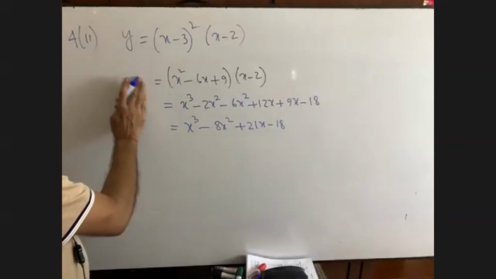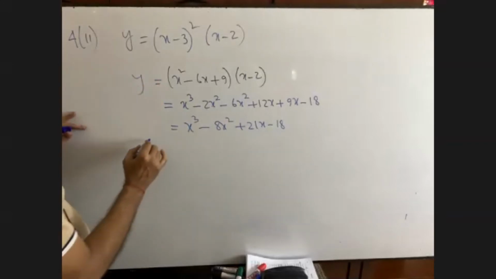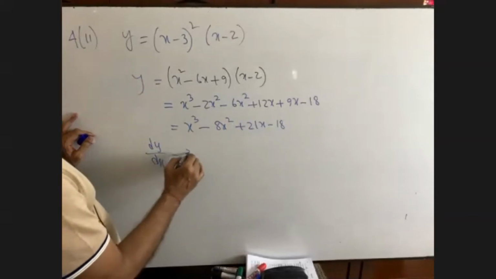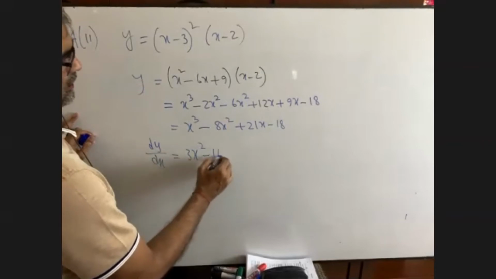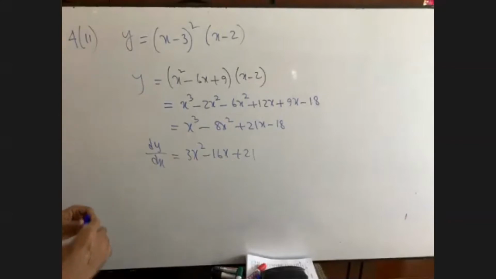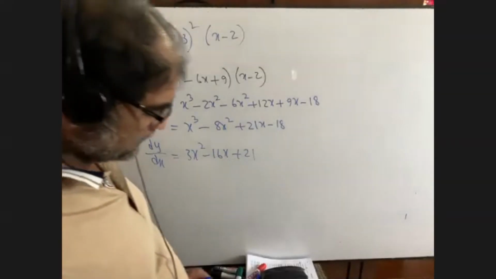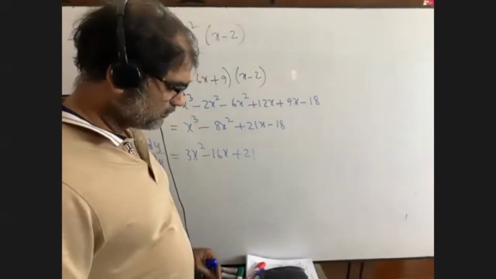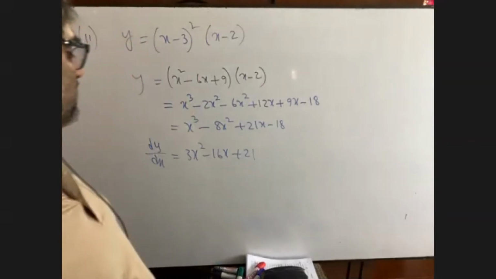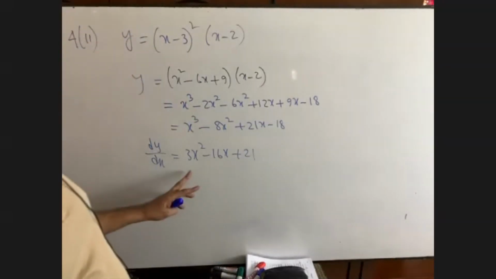Actually, it is y, right? Then you have to find dy by dx equals to what? 3x square. Is it possible to find the value of x from here?